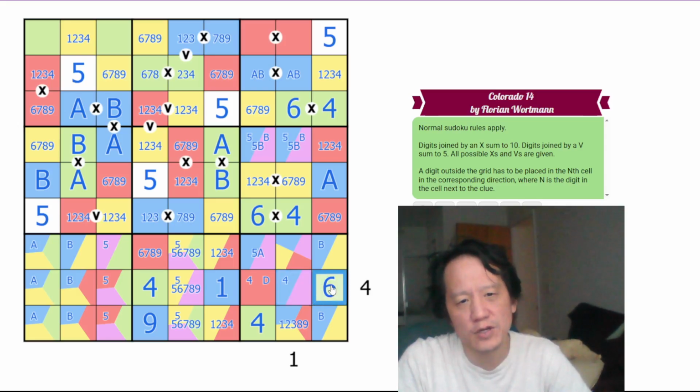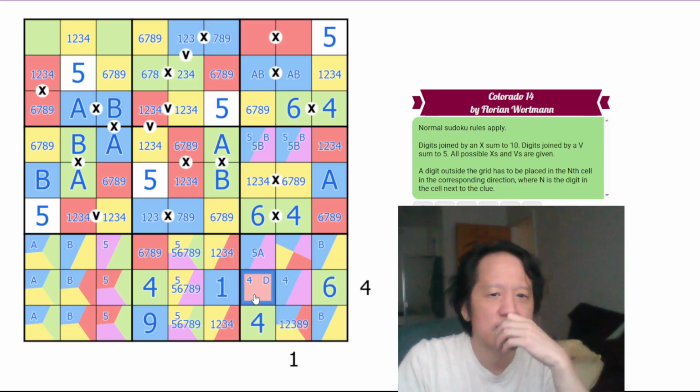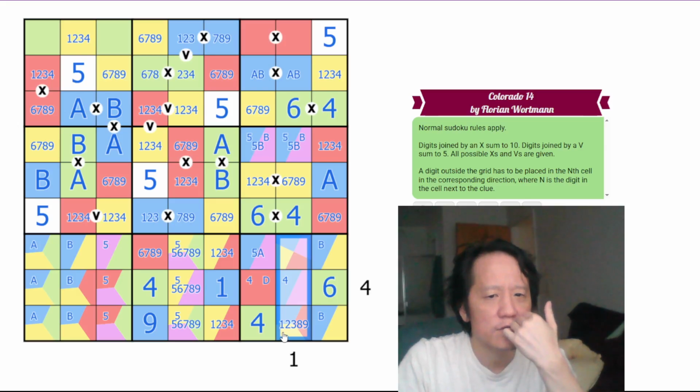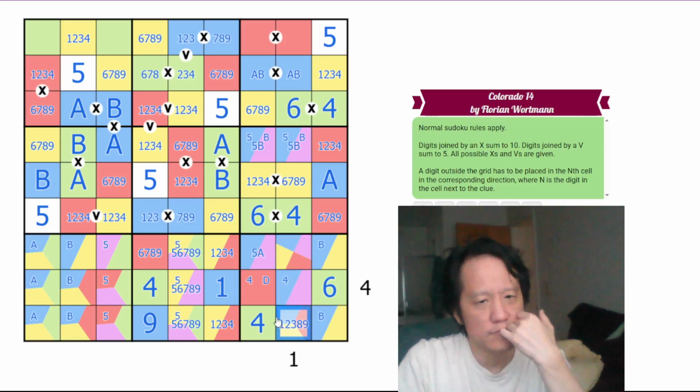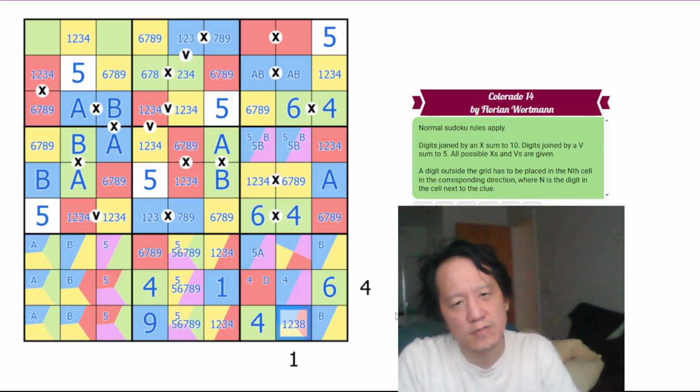This is blue or pink. Okay, so blue would be the 1. So this could not be 9. It could be 8 here.